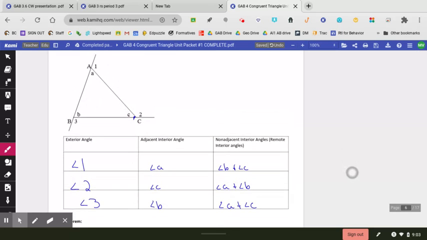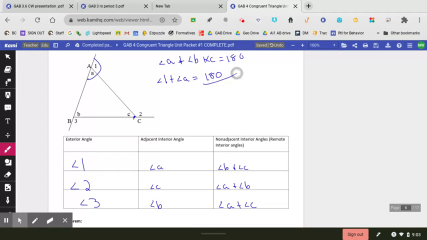So what do we know about these? We know that angle A plus B plus C equals 180 because those are our interior angles. And if we talk about, say, angle 1 here, we know that angle 1 plus angle A equals 180. So these both equal 180.